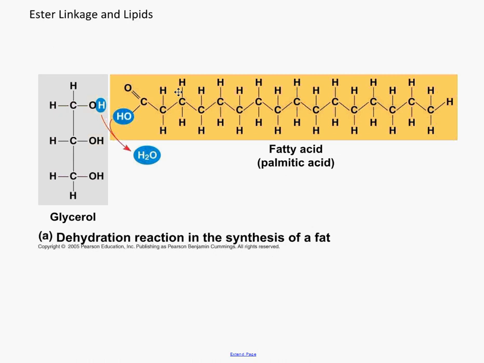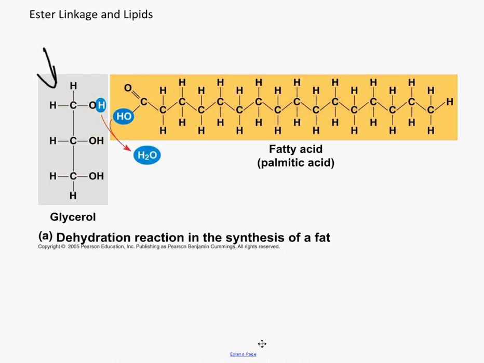And you can see here dehydration synthesis, water being taken out, this fatty acid being joined to this molecule. Now, fatty acids are a little bit different in that they're not joined together necessarily, but they are attached to this molecule here that is called a glycerol.